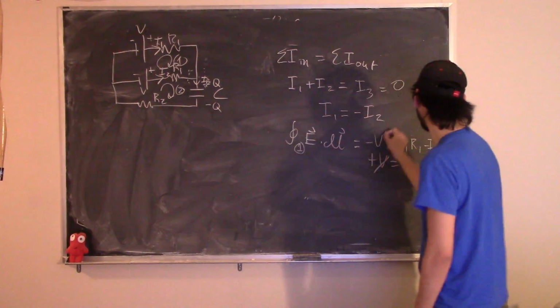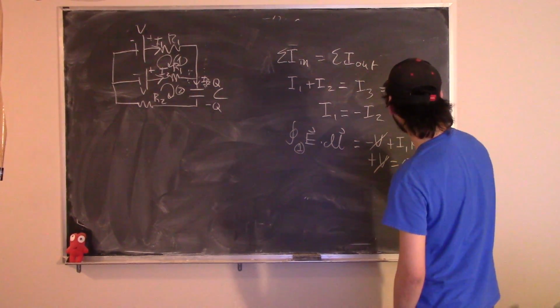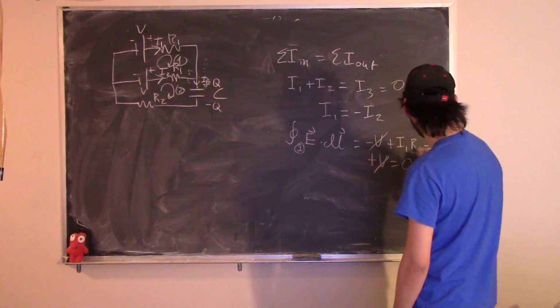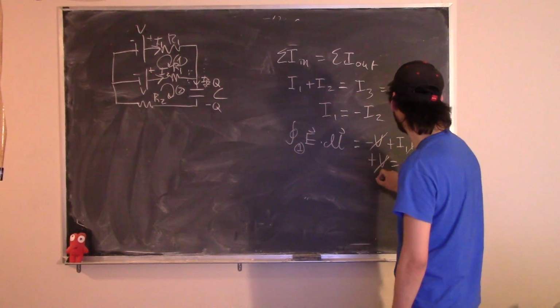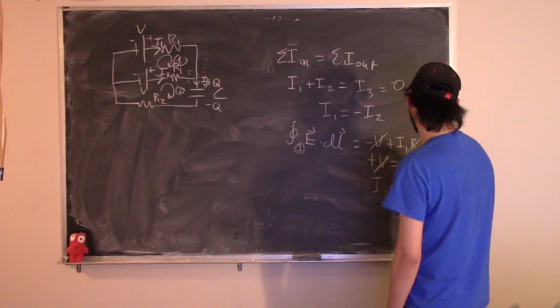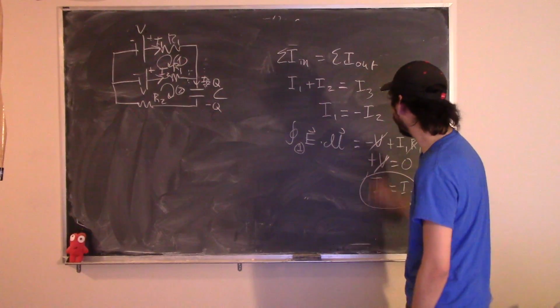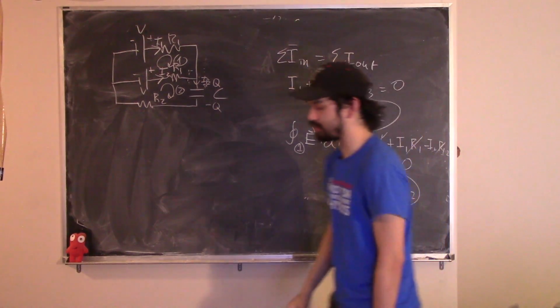So my V's are going to cancel. And I see something kind of peculiar here, because from this equation, I can cancel my R1s as well. This says that I1 is equal to I2. This one says I1 is equal to minus I2.